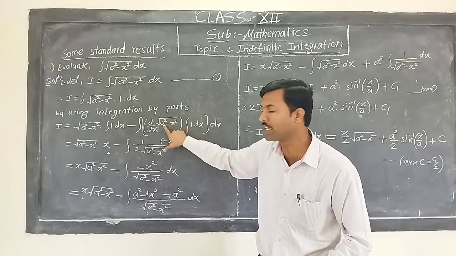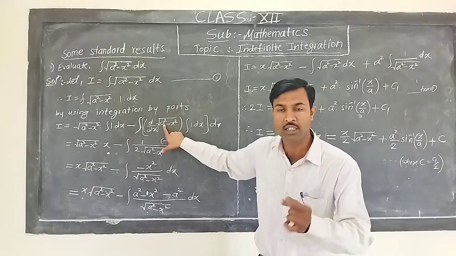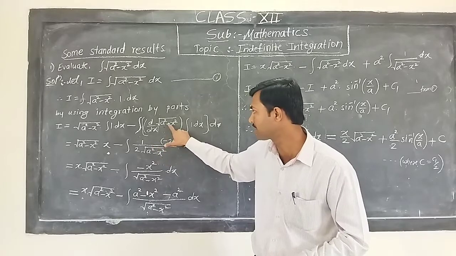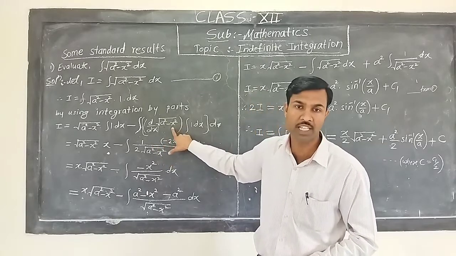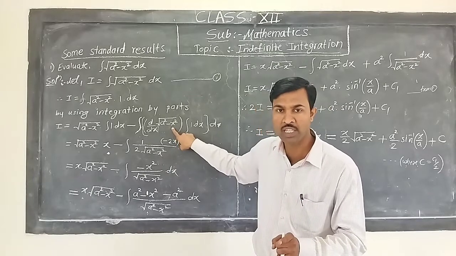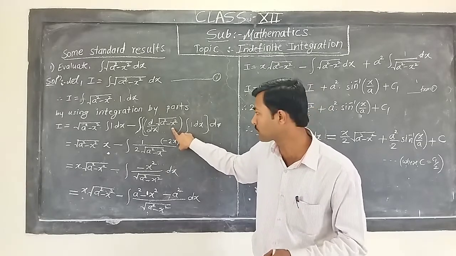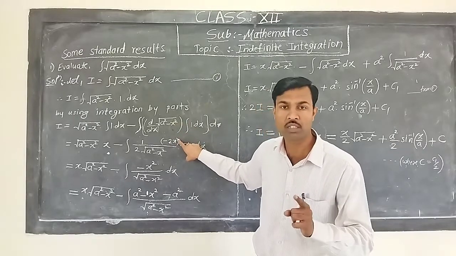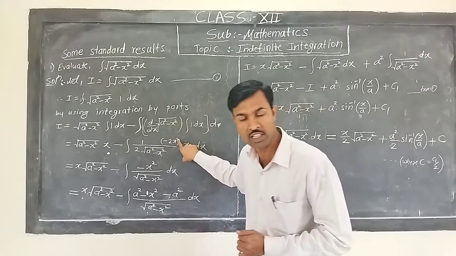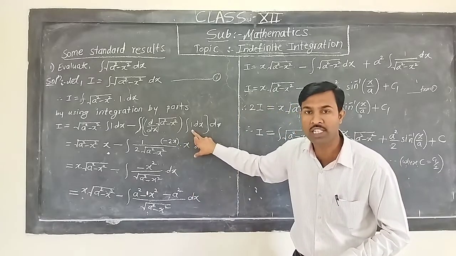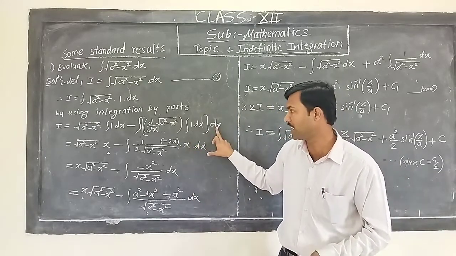The derivative of a square is 0, since a is constant, so a square is constant. Minus the derivative of x square: by applying the formula for the derivative of x raised to n, we get n into x raised to n minus 1, so 2 into x raised to 2 minus 1, which is x; it is not necessary to write 1 in the index. In the last term, the integration of 1 dx is again x, and dx remains as it is.